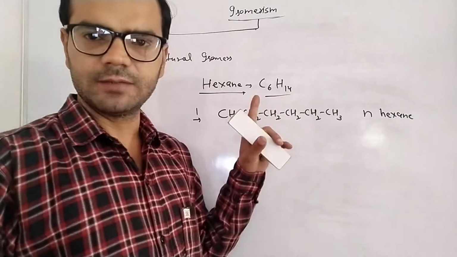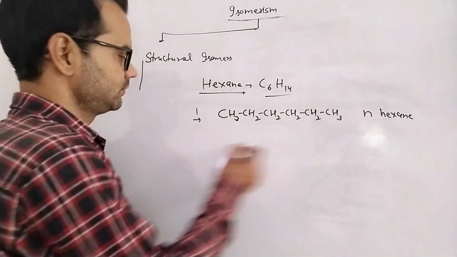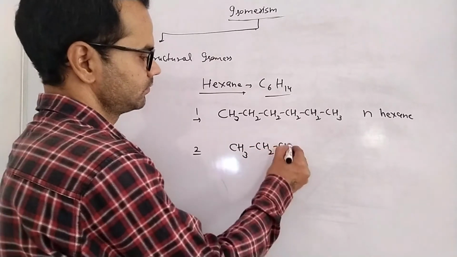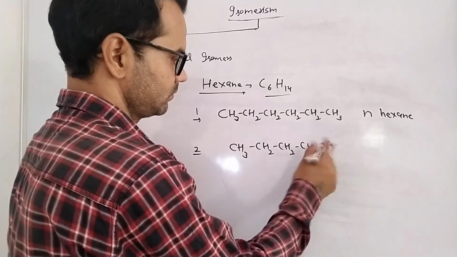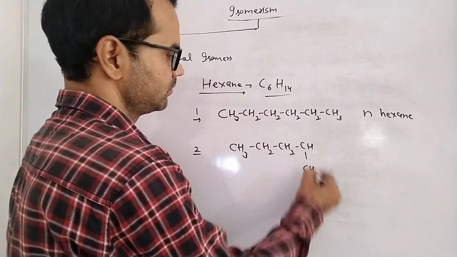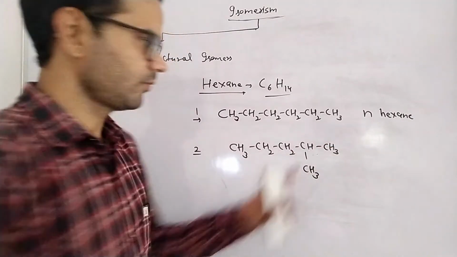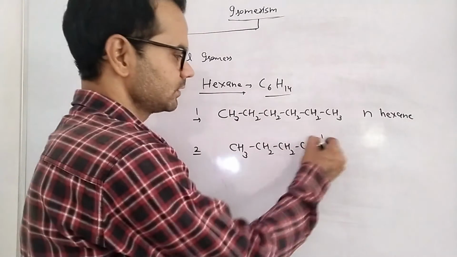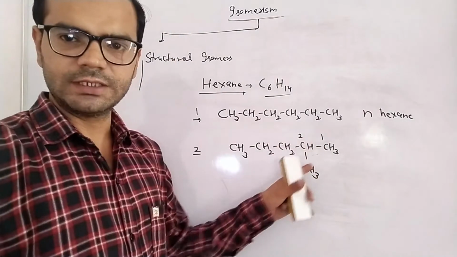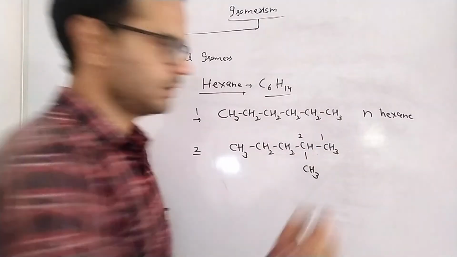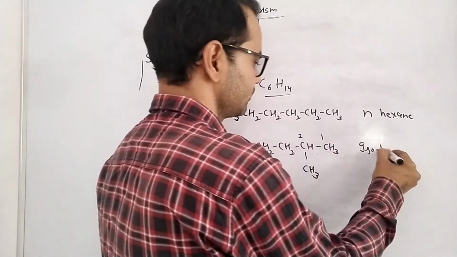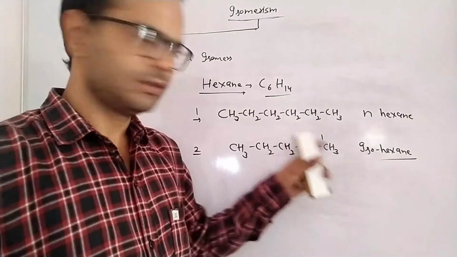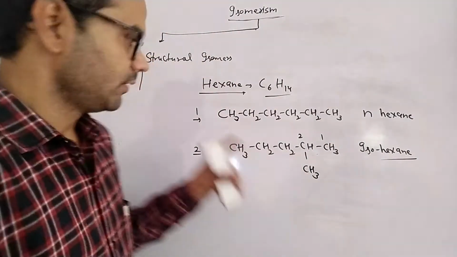But if there is a single branch at the second position, now we have a single branch at the second position. Now it is called isohexane. The word iso is given when there is a single branch.